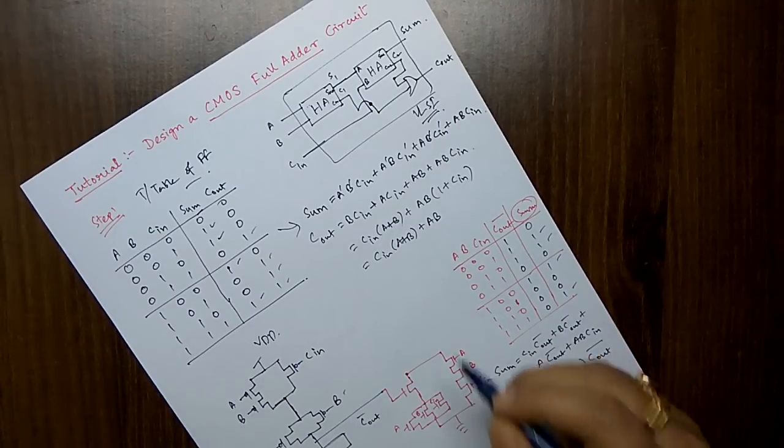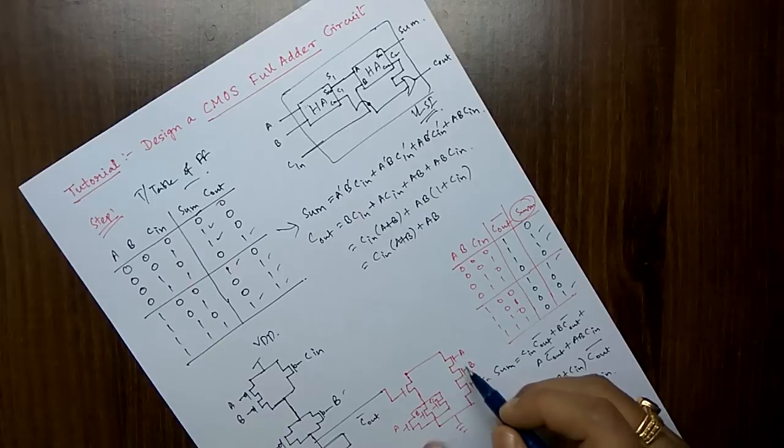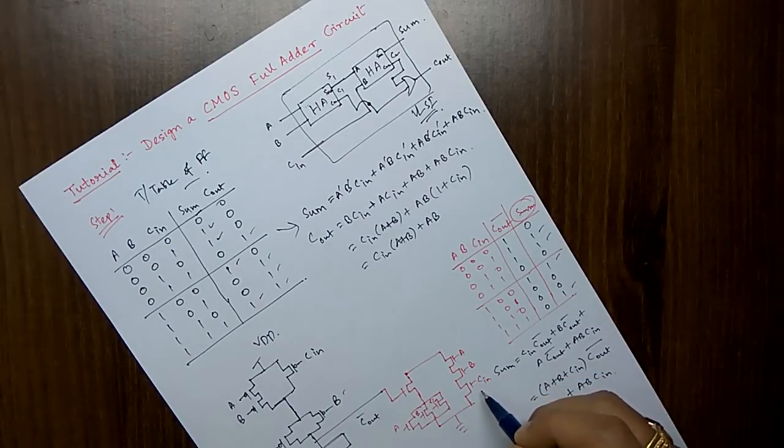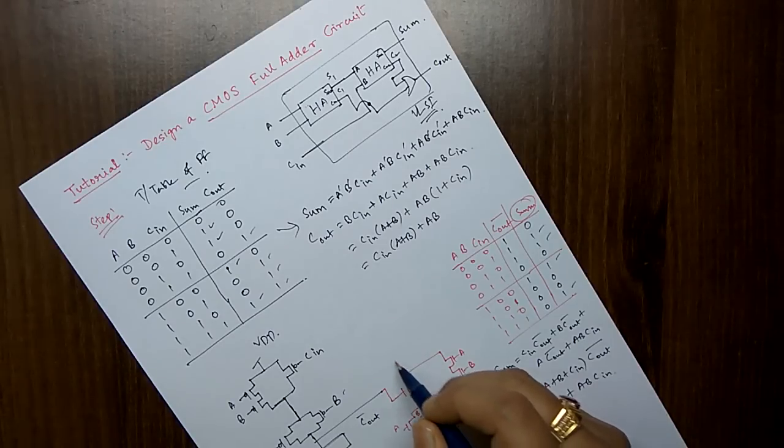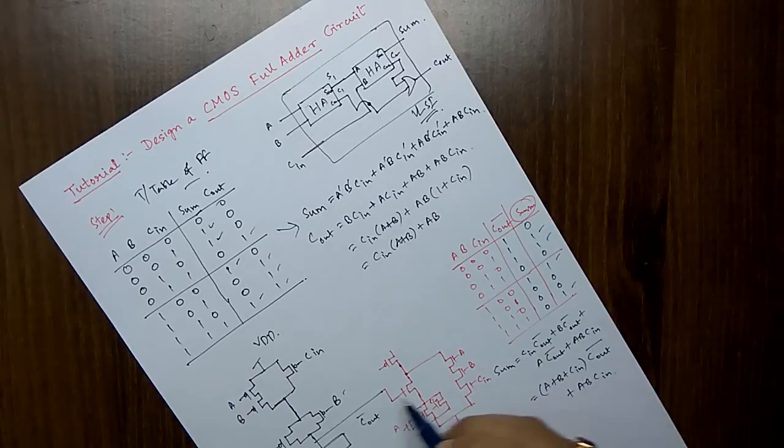Now similarly this thing will be there in the pull up. As A, B, C in were all in series, here we will do this one first. So similarly, if you take the pull up network for it, see what happens. Initially, for C out bar, it was series in this.